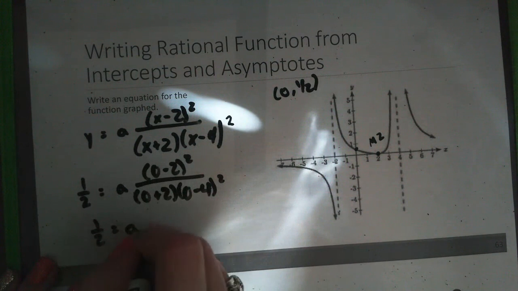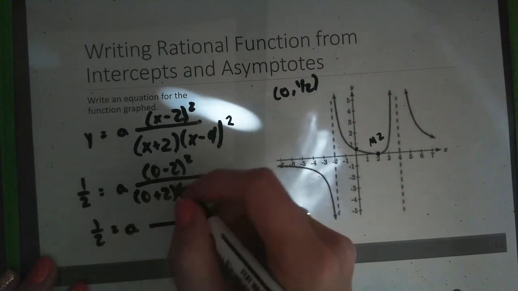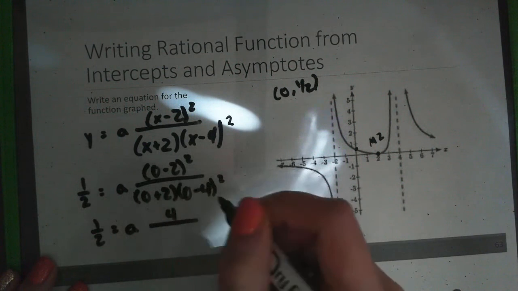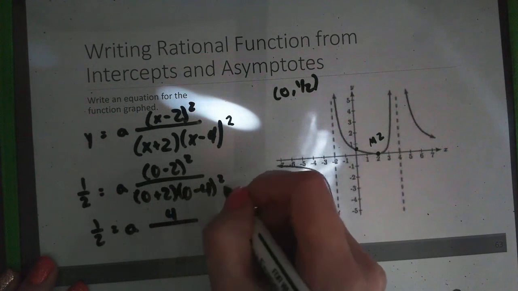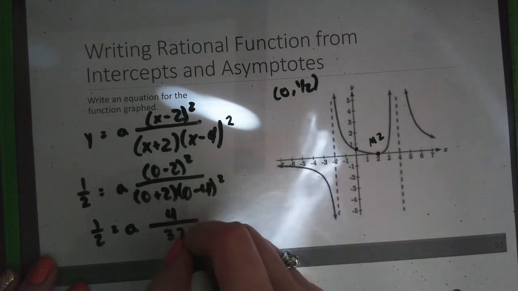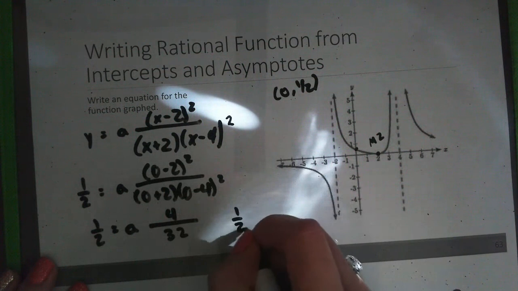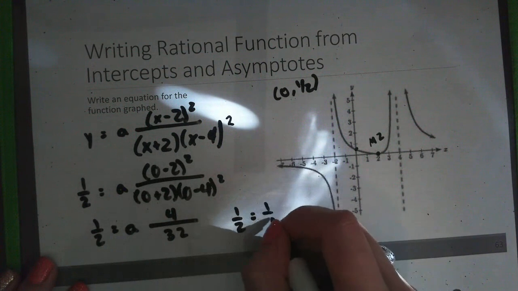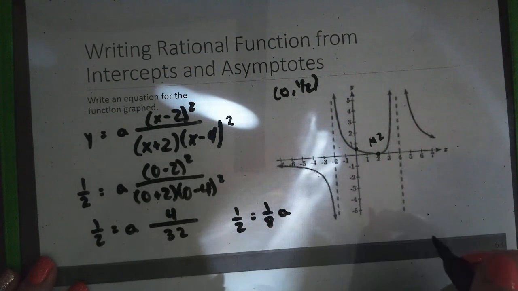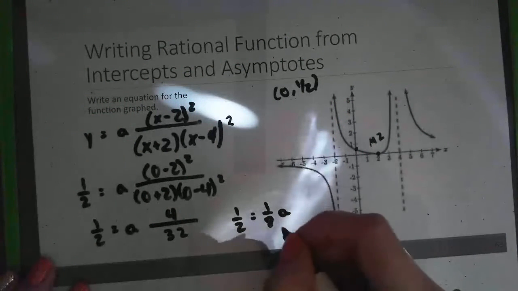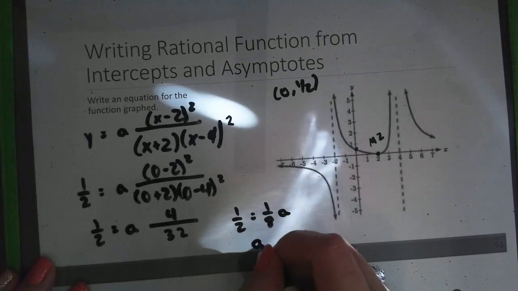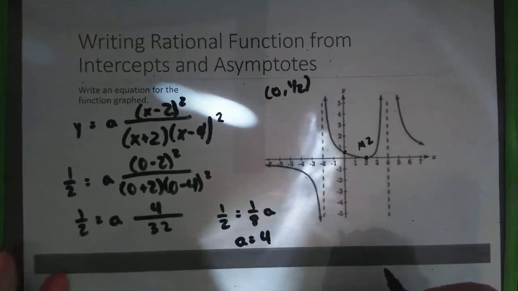So 1/2 is equal to a times negative 2 squared is positive 4, and 2 times 16 is 32. So that means 1/2 is equal to 1/8 a. And if I divide both sides by 1/8 or multiply both sides by 8, I get a equals 4.